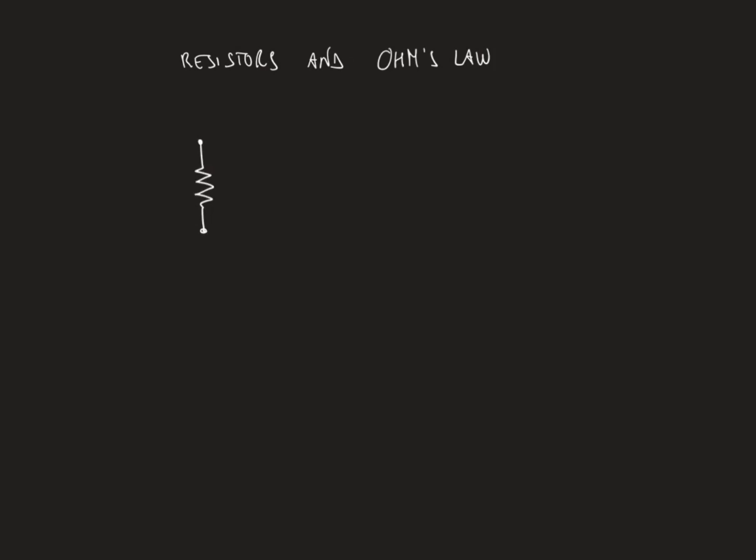A resistor features a characteristic parameter called the resistance, typically indicated with the letter R. If a current I flows through the resistor and a voltage V is placed across the resistor, then the relationship between the voltage V and the current I is provided by the so-called Ohm's law.